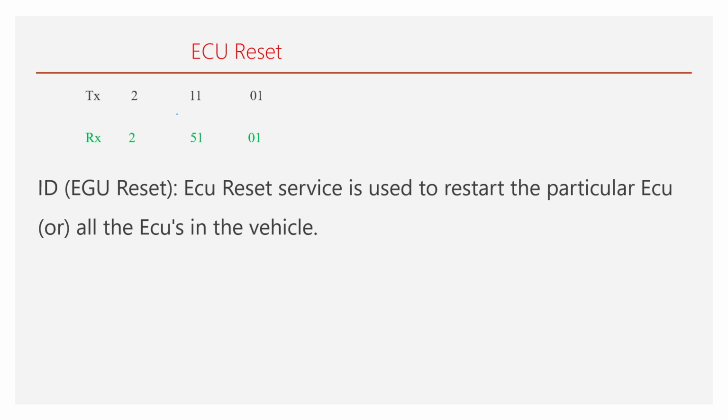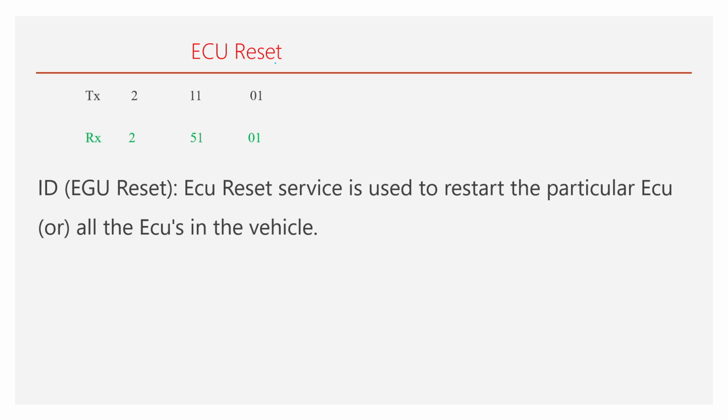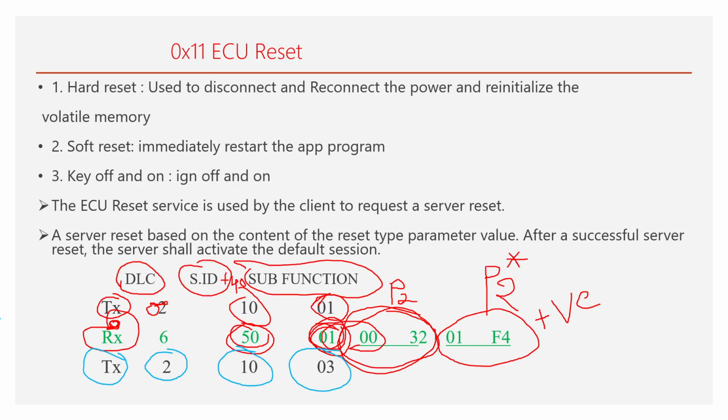Sorry, I missed it here, I will write it here. The output we get is 6, which is the DLC. And what service ID do we get? 40 plus 10, so we get 50.